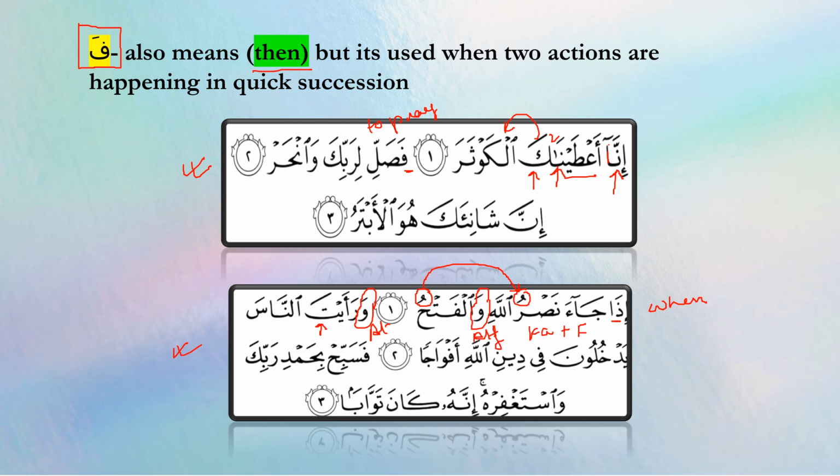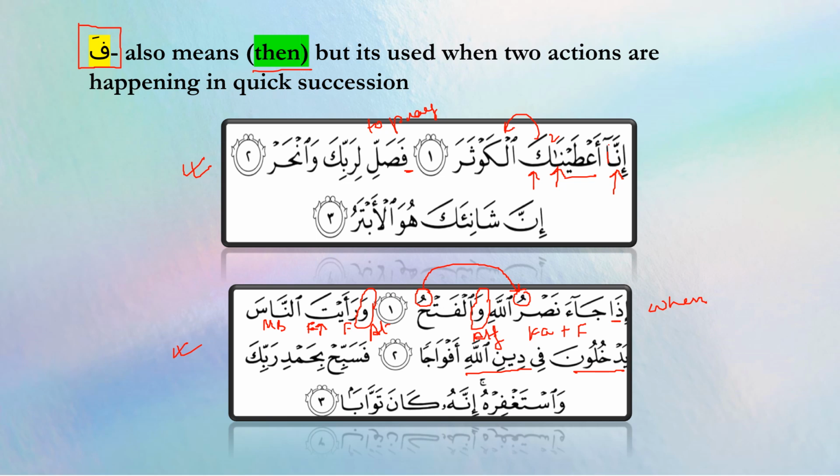Wa ra'ayta nasa, maf'ul bihi. This is the fa'il, and ra'a is the fail. So it's jumla fe'liya and fe'liya. And you saw the people yadkhuluna. Yadkhuluna means entering fi dinillahi. Dinillahi is also an idafa, religion of Allah, the 'of' relation.